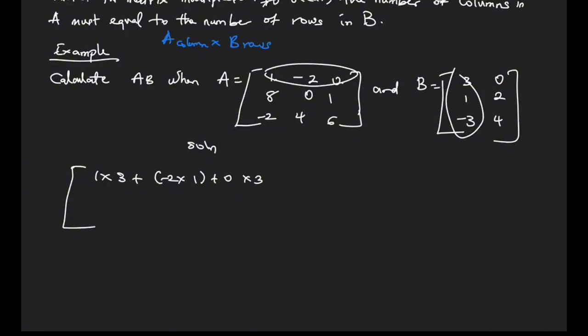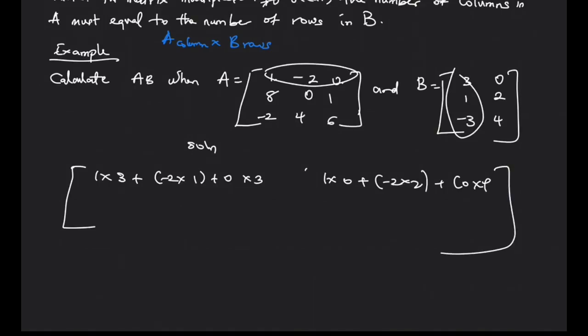Then we use this first column to multiply the second row also now. And that will be 1 times 0 plus minus 2 times 2 plus 0 times 4.